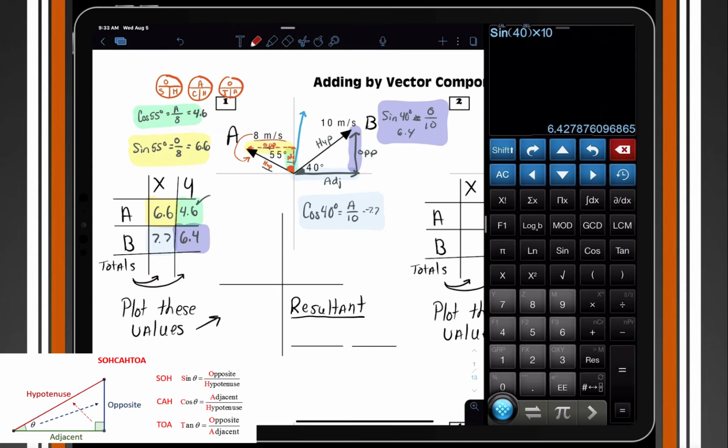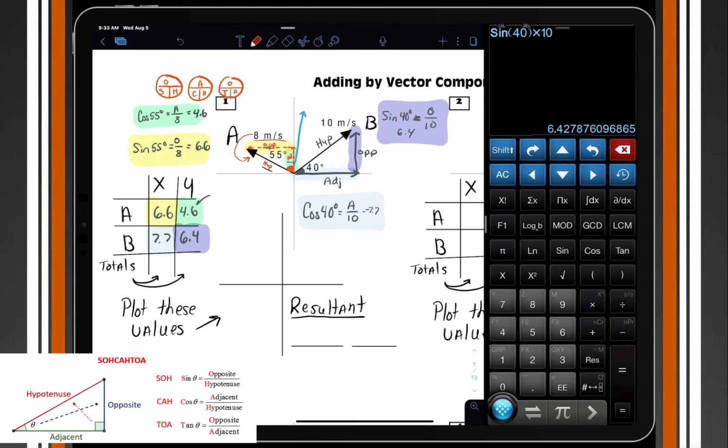Before we add up the values, let's make sure that we have all of our information in the correct spots. I can check this, and I say the green value here matches up with the green value, and that's on the y-axis. That's pointing upwards, so that's on the y-axis, and since it's going up, that's a positive value.